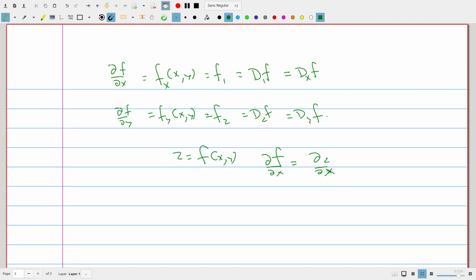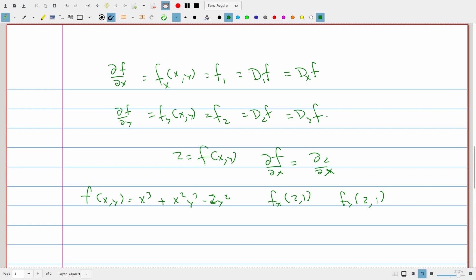Let's say we have a function f of x y equal to x cubed plus x squared y cubed minus 2y squared, and we want f sub x at (2, 1), and f sub y at (2, 1).